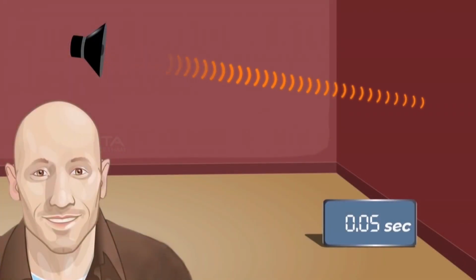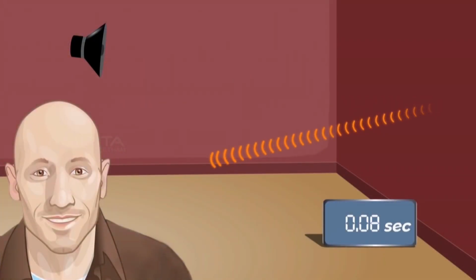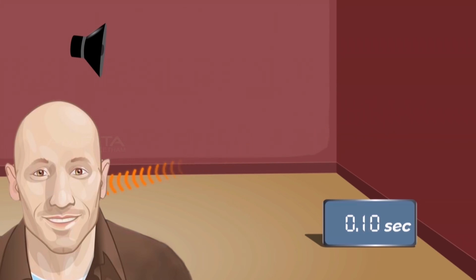Therefore, for an echo to be heard, the time interval is 0.1 seconds.